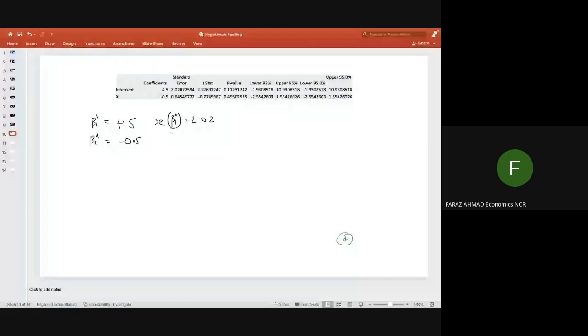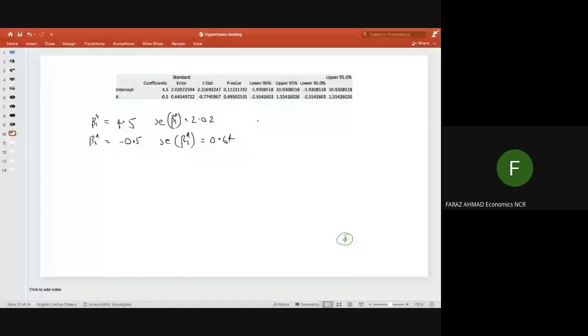Standard error of beta 1 hat is 2.02 and standard error of beta 2 hat is 0.64 from the above table. And then we have t statistics. This is just the adaptation of the coefficients on the t scale because coefficients can be on any scale.